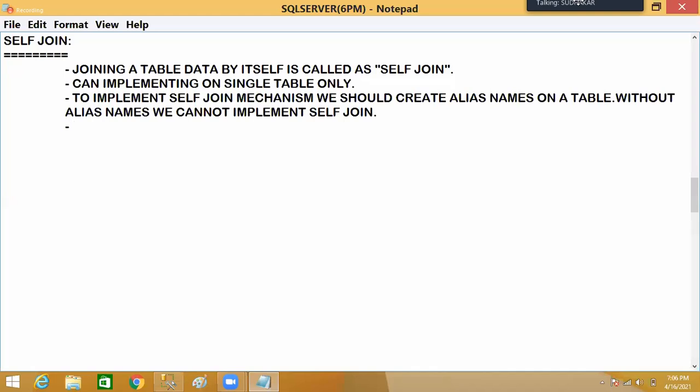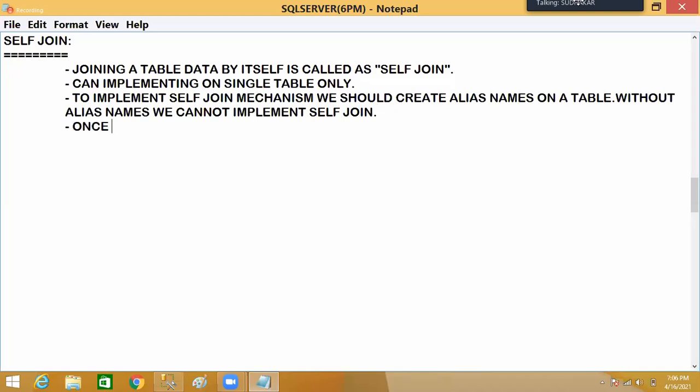Now once you create an alias name, internally what is happening, and how are your virtual tables created? Let's see this very important point here.